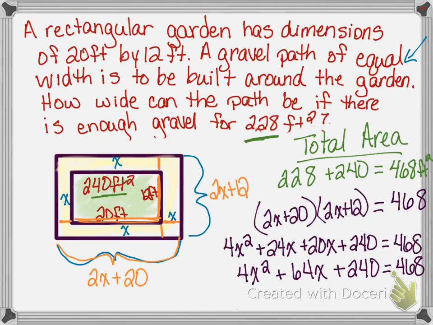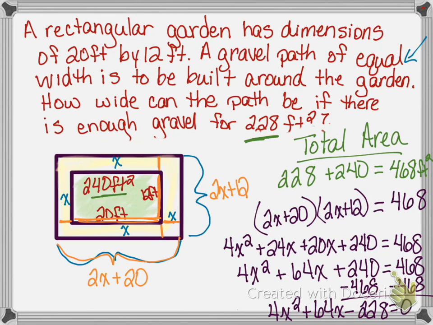Now, the next thing I'm going to do is subtract 468 from both sides. I want you to do that right now. Subtract 468 from both sides. Did you get negative 228? Yes.